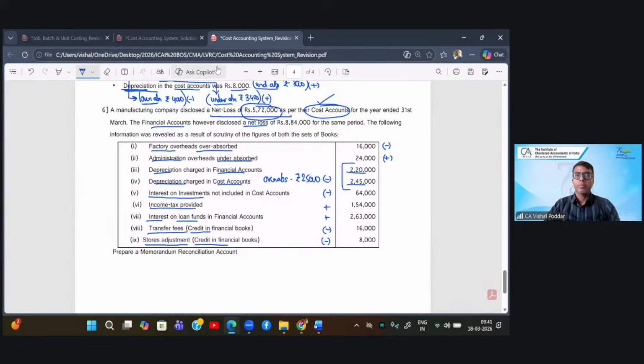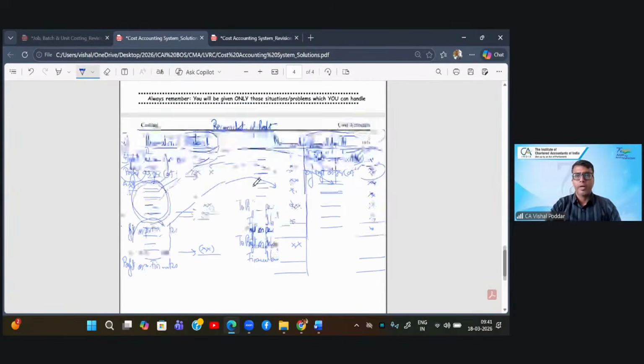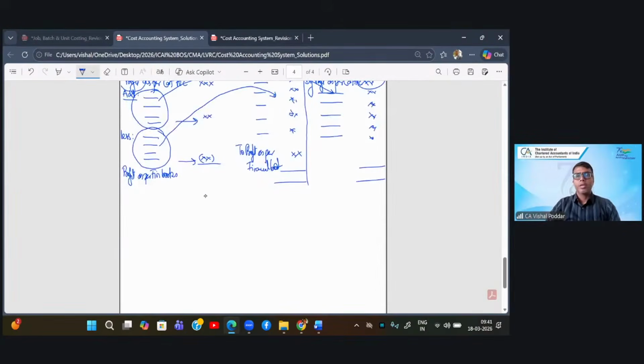Now, if you are doing this by the account format, here in case of loss, your memorandum reconciliation account, what is the difference? See students, loss opening balance is a debit balance. So you will write it over here as loss as per costing books. Again, I'll write the figure as it is. I will not put it as a negative.